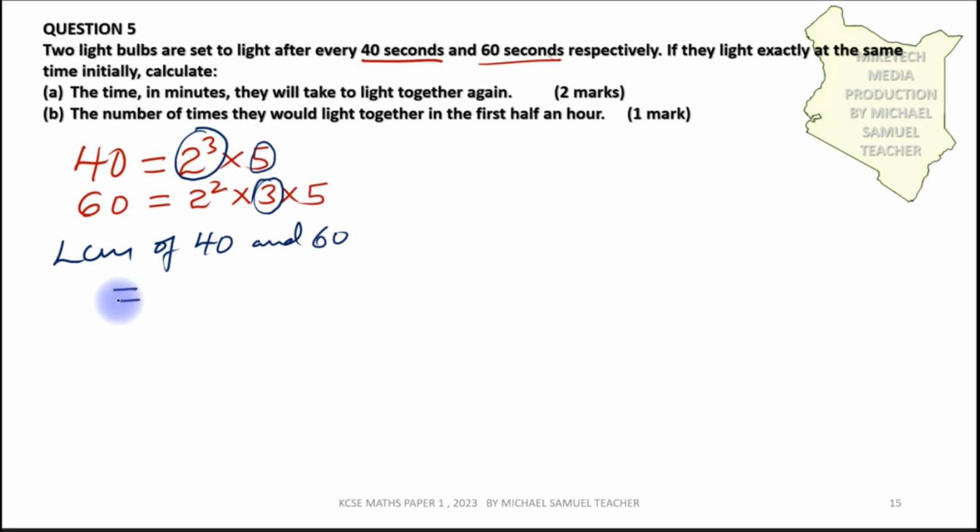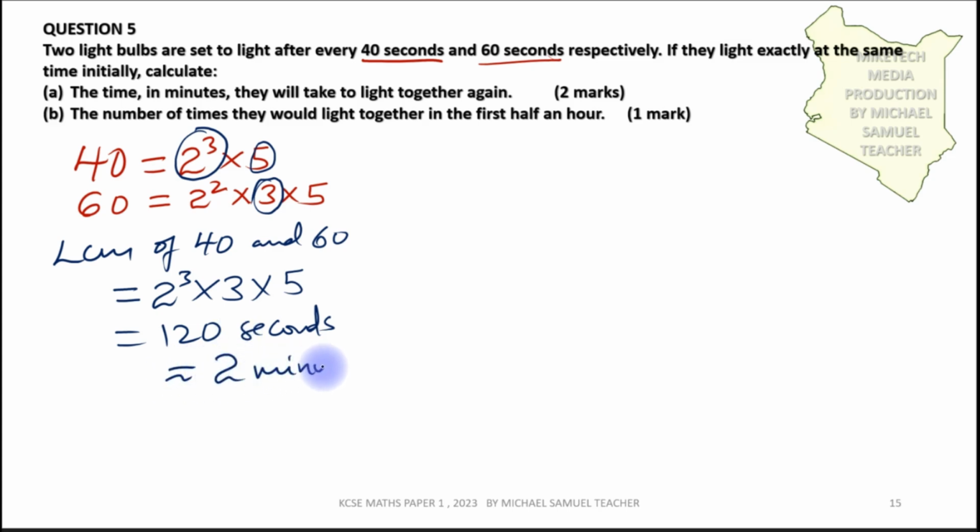So, in other words, it will be 2 raised to 3 times 3 times 5, which is 120 seconds. 120 seconds is equal to 2 minutes, because 1 minute is 60 seconds. So in other words, they are going to light together after 2 minutes, that is after 120 seconds.